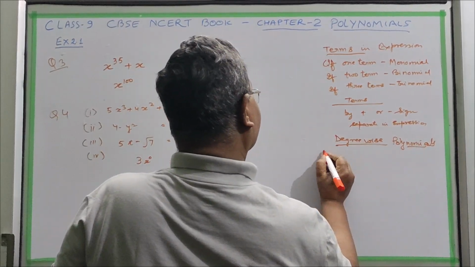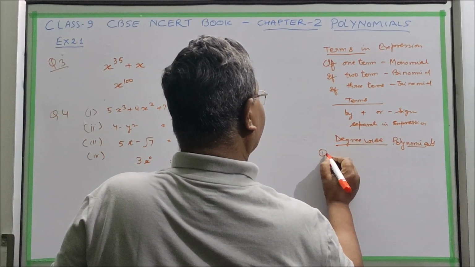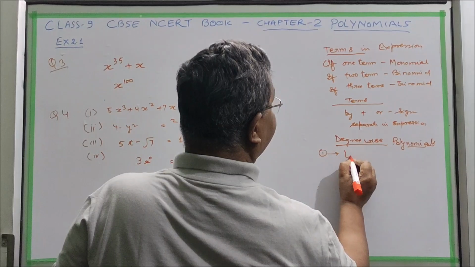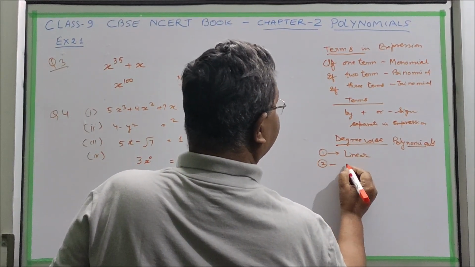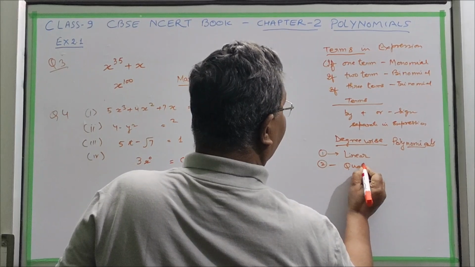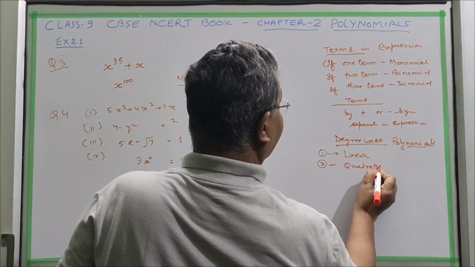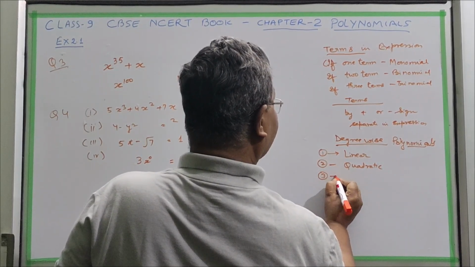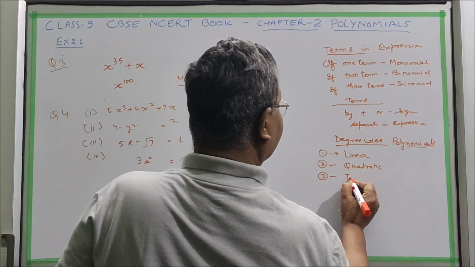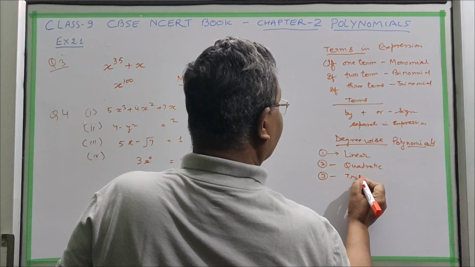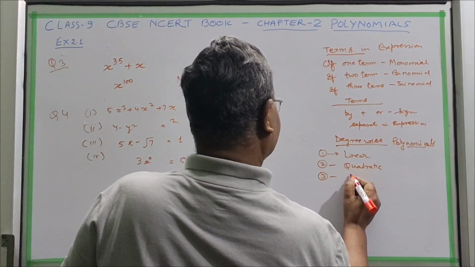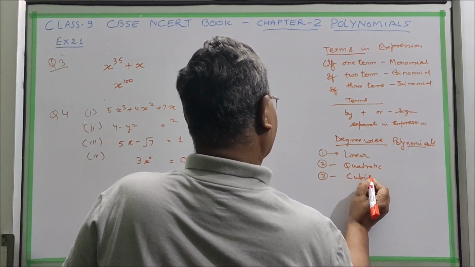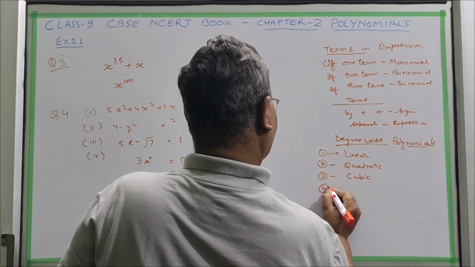So if it is 1 degree, then it is linear. If it is 2 degree, then quadratic. If it is 3, so it is known as cubic.